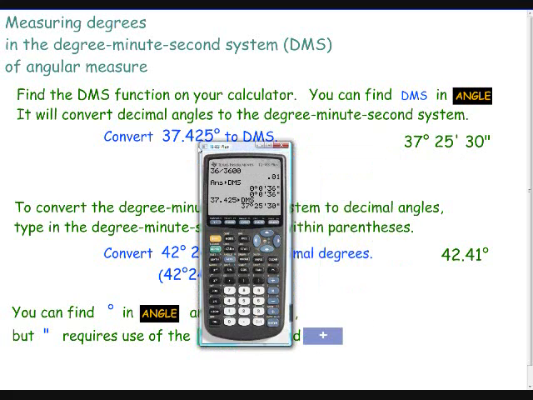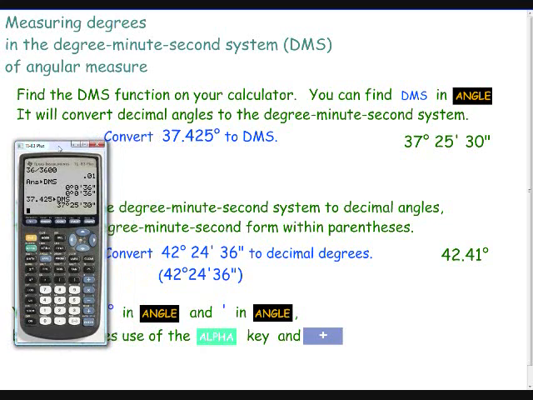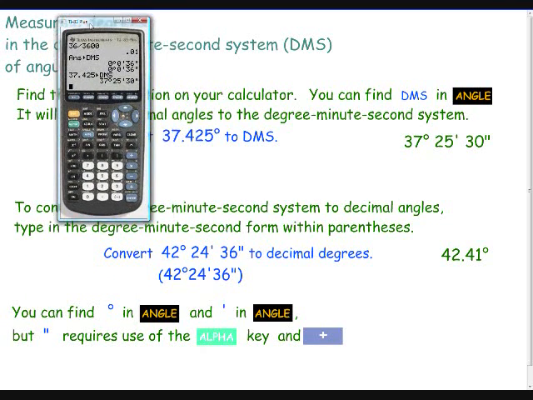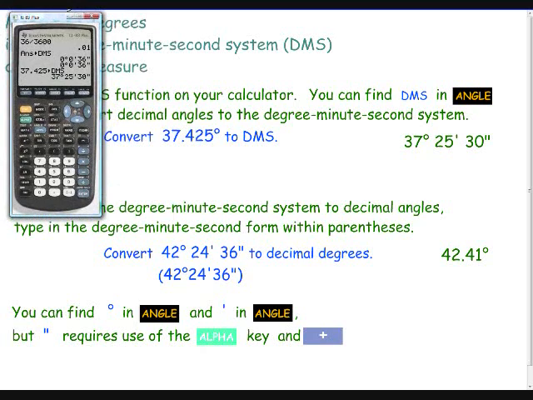Suppose we've got something in the degree, minute, second system. We want to convert this to decimal degrees.